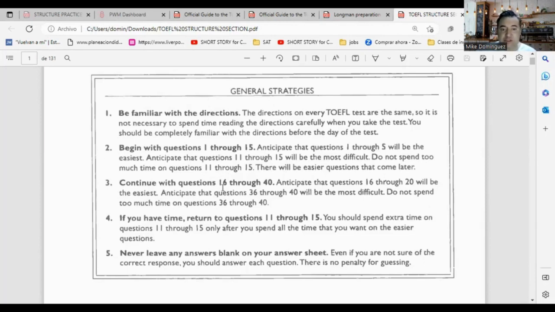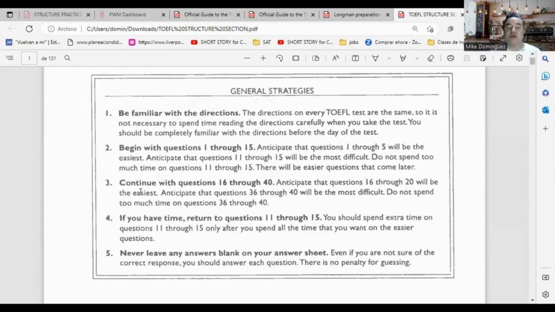Continue with questions 16 through 40. Anticipate that questions 16 through 20 will be the easiest, like the first five of this section. Questions 1 through 15 are the type where you choose from multiple options, and the first questions in that section are the easiest.